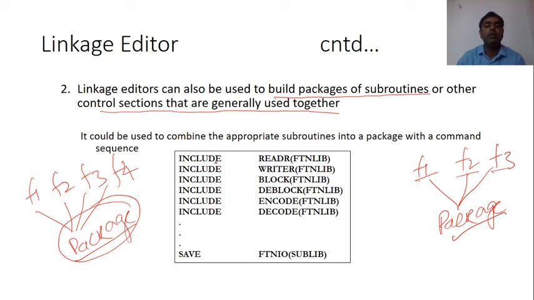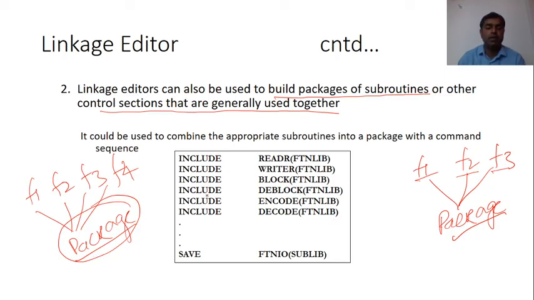I have written here include reader from function library, include writer from function library, include block from function library, include dblock from function library, include encode from function library, include decode from function library.